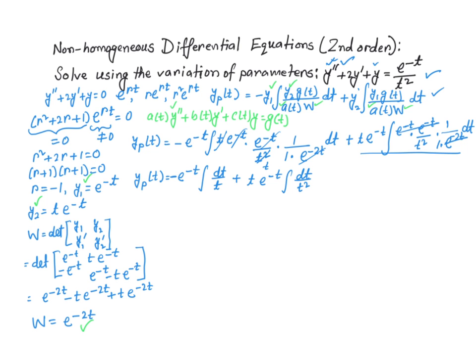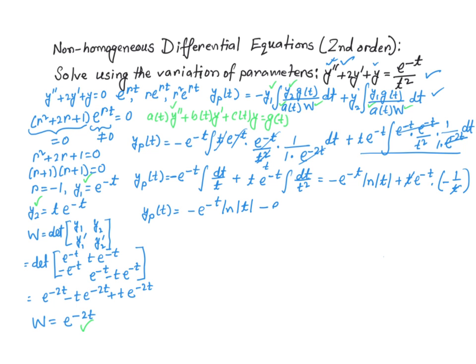Now if you integrate those, you're going to get the following. Negative e to the power negative t, integral of 1 over t dt is nothing but ln of t, so let me put it inside absolute value, plus t times e to the power negative t, and integral of 1 over t squared dt is going to be negative 1 over t. All right, so that's going to give me y sub p of t to be negative e to the power negative t ln of absolute value of t, and then this t and this t are going to cancel out.